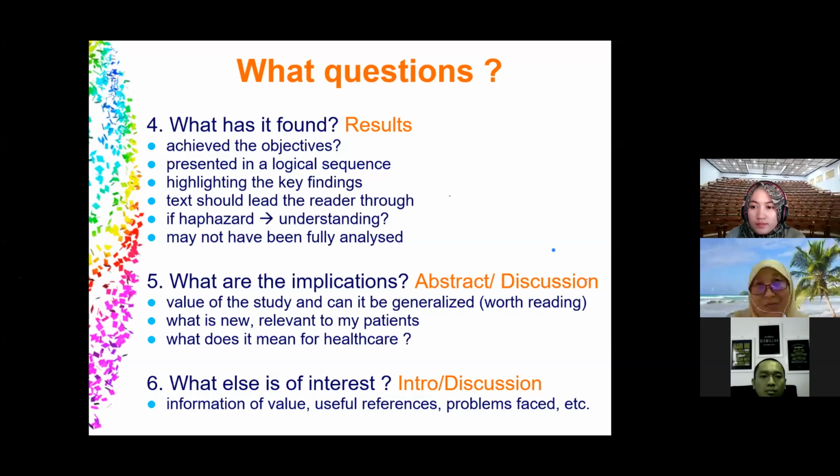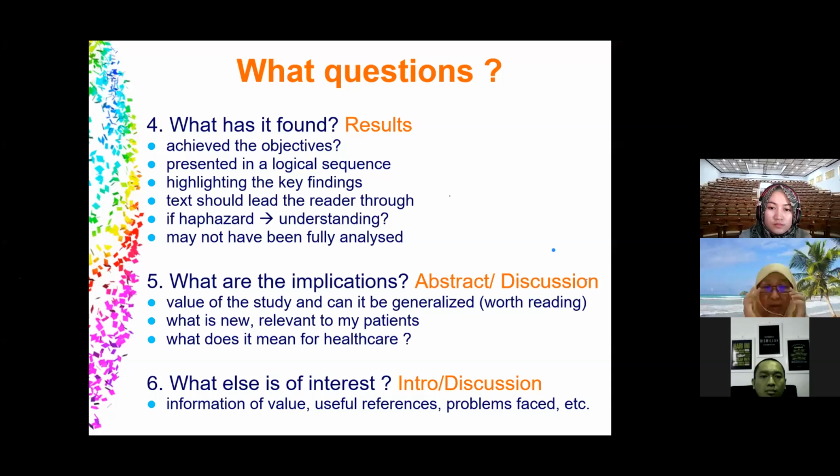We will ask that. But we have many journals, journals also have rankings, and even a good journal sometimes publishes a poor paper because it also depends on who the reviewers are. Some reviewers are not strict, so you still have to look at the paper individually. There are haphazard papers. When it is haphazard, you can see the result has no sequence, so it reflects the understanding of the writer, or maybe the result has not been fully analyzed.